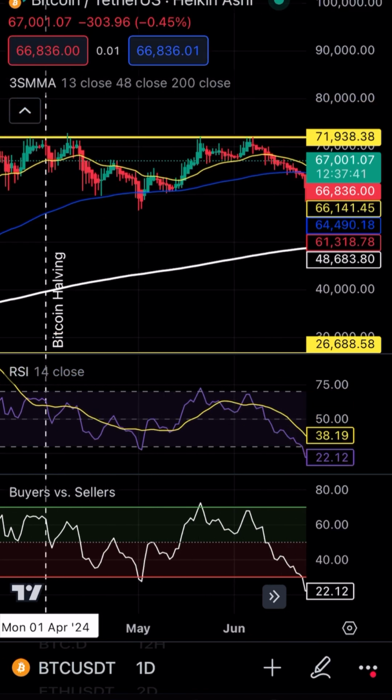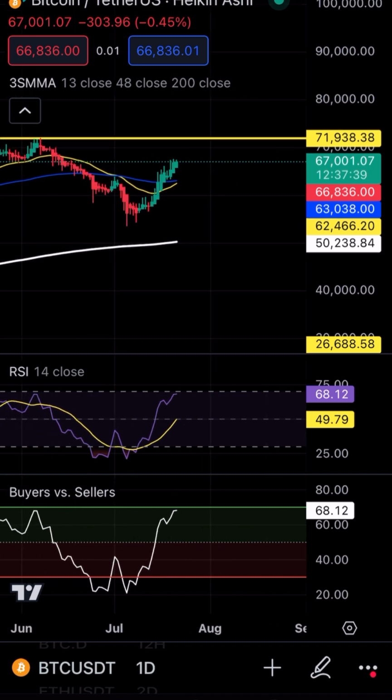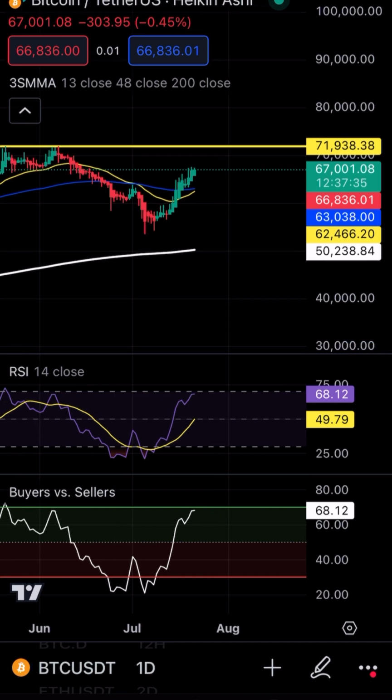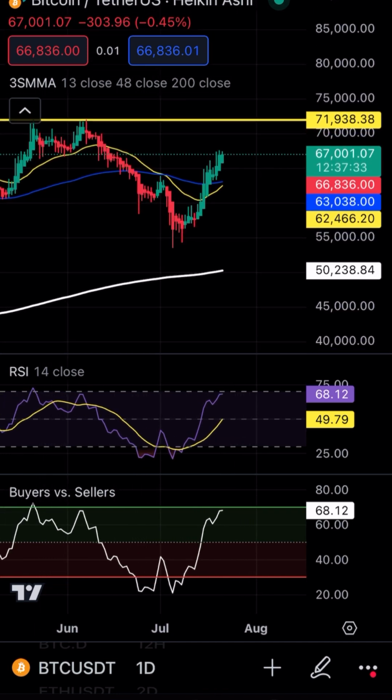So if you just do this on the daily, you can find the moments that it starts going up, and you could be really profitable. So anyway, the best I think this strategy will work for is a higher time frame.